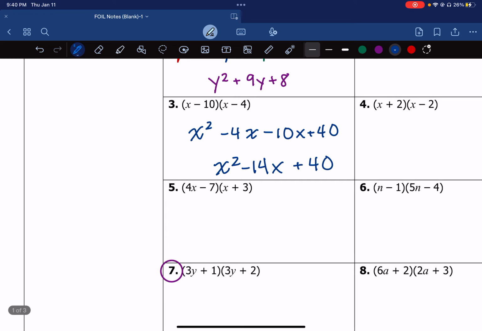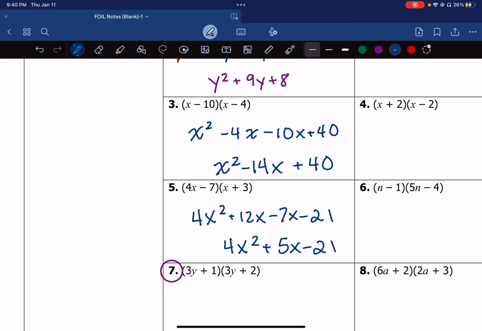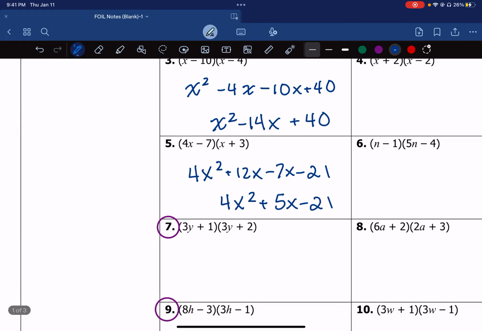And then when you did 5, you should have gotten 4x squared plus 12x, because 4 times 3, right? Minus 7x minus 21, and you should have gotten 4x squared plus 5x minus 21. Hopefully those two made sense.